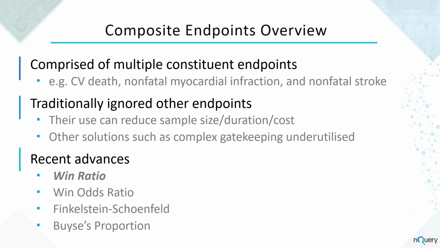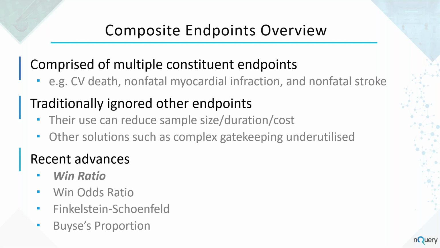So these three methods, or four methods in fact, are very, very similar and can all be expressed just by the number of wins and losses if you do it in a certain way. So it's possible to connect the methods, and this connection is what's used in combination with some approximations in order to obtain the sample size formula for the win ratio, which I'll talk about in just a moment.